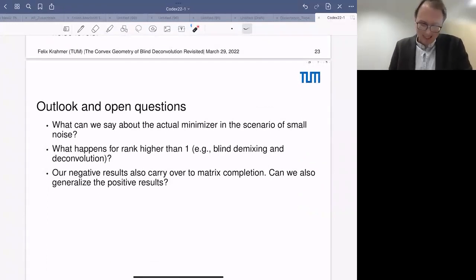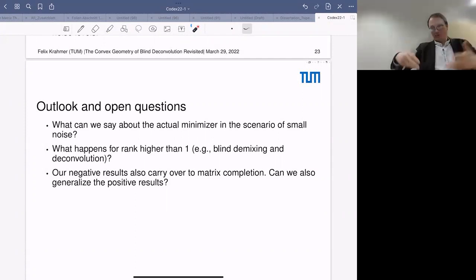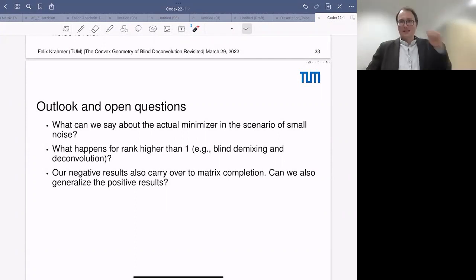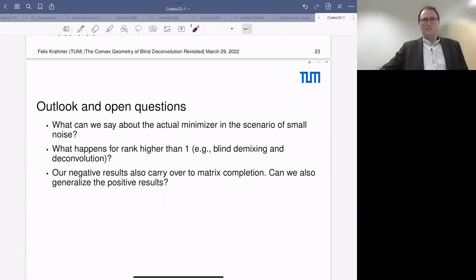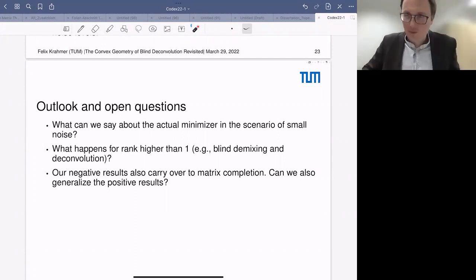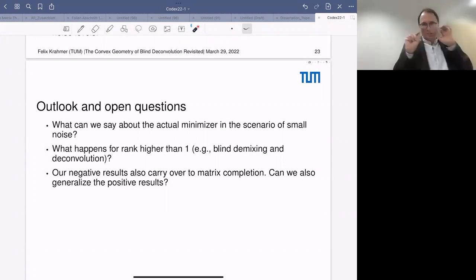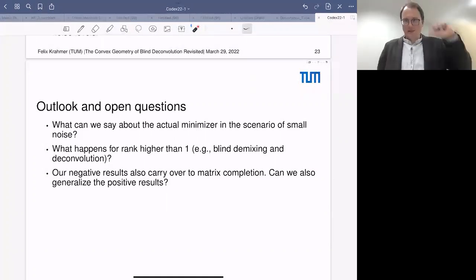First of all, what can we say about the actual minimizer in the scenario of small noise? We said we had some results on this, but previously we only had an alternative solution that doesn't necessarily need to be the minimizer. We can still ask the question: is the true minimizer close to the true solution or not?